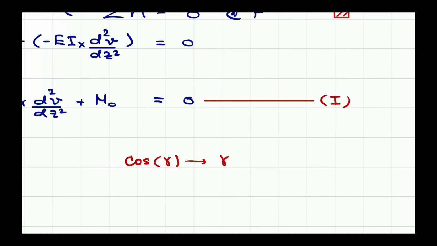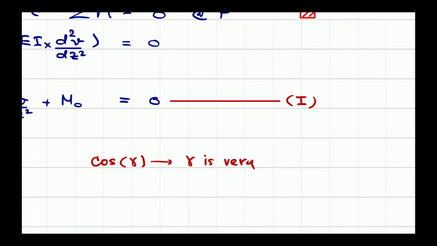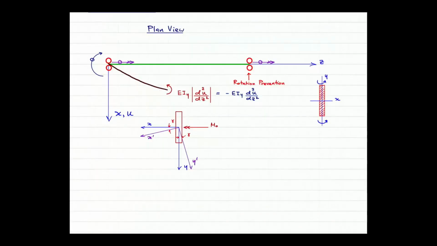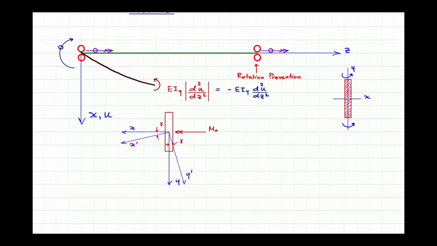When the alpha is very small, then cosine is about 1.0. So you don't need to do anything with it.